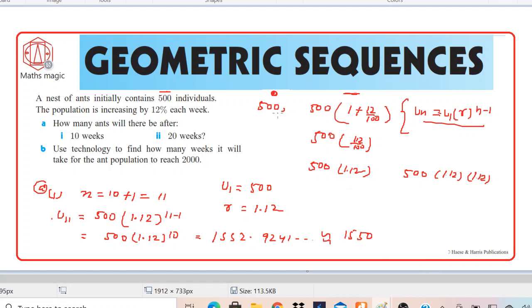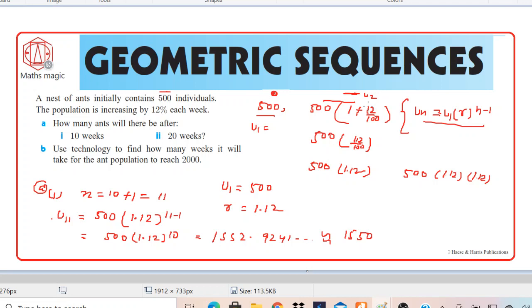Initially it was 500, that means your U1 was 500, and this population is not at the end of the first week, it's initial. At the end of the first week your population is this much, so U2 is representing the population at the end of the first week.